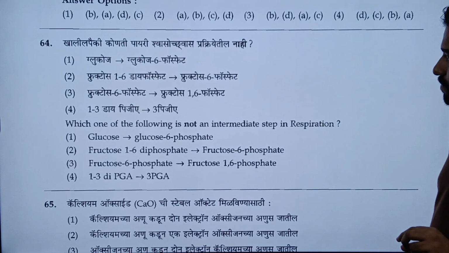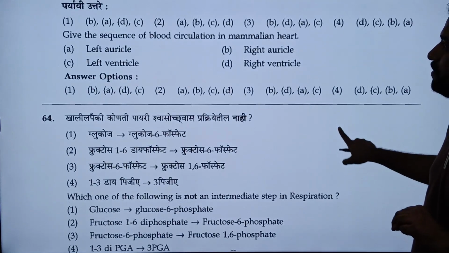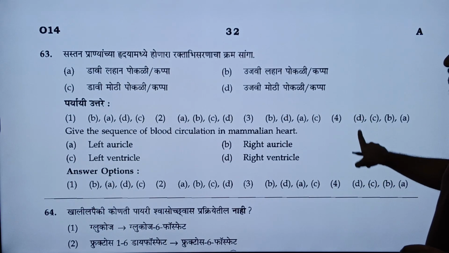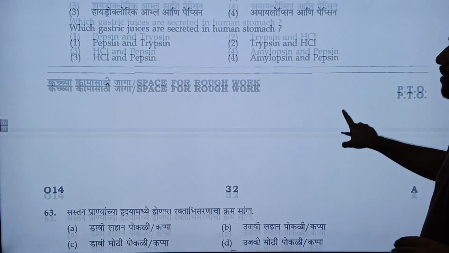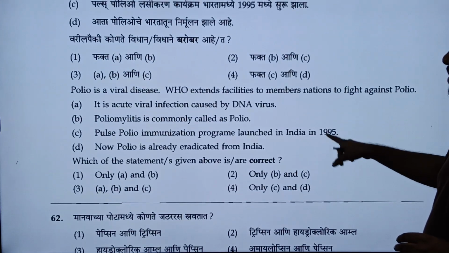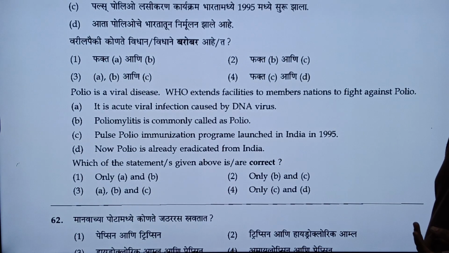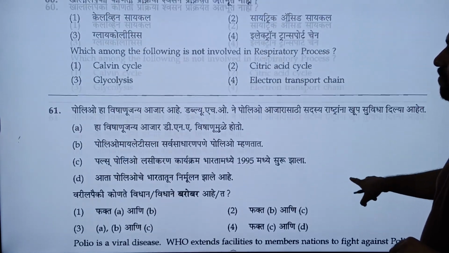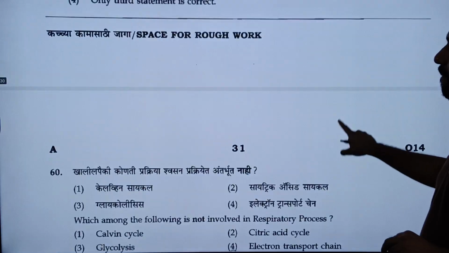Difficult question from bio. So two difficult questions. Easy, moderate, easy. Bio easy question. Bio easy, moderate, but already cancelled. Moderate, easy question.